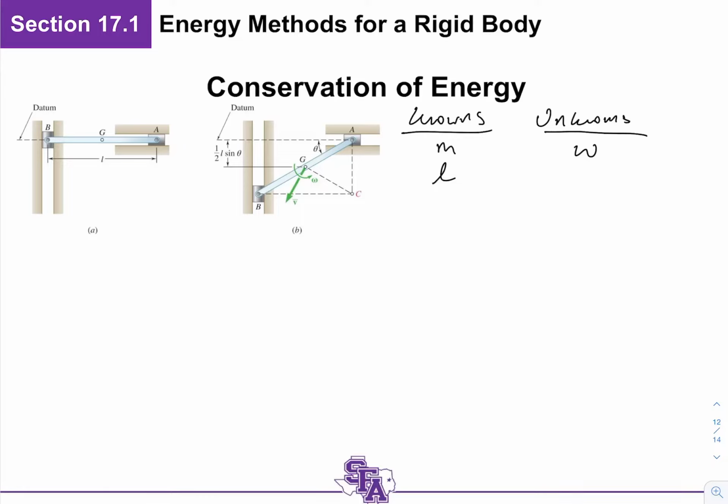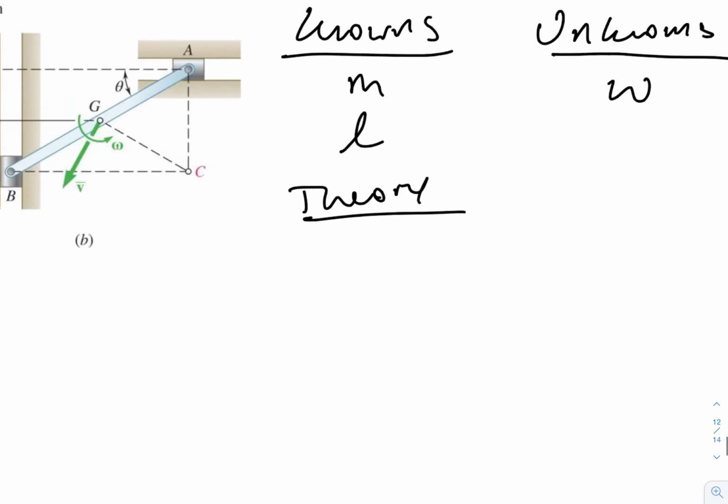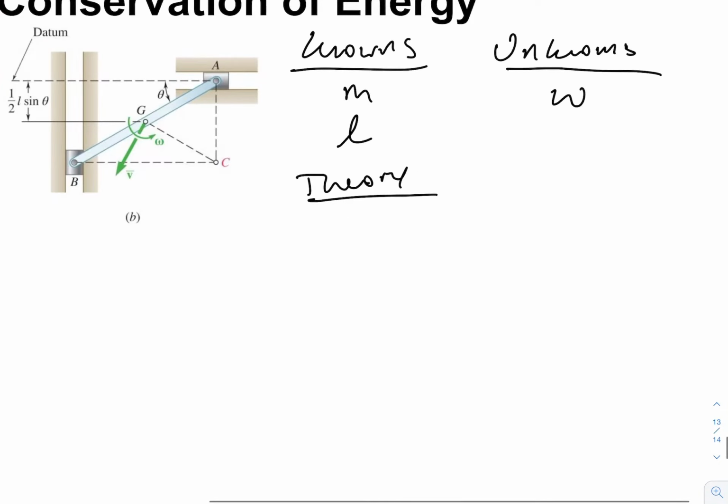The unknown here is the angular velocity of the rod itself. The motion is prescribed so that B is only going to go down, and A is only going to go to the left or right. A cannot go down.